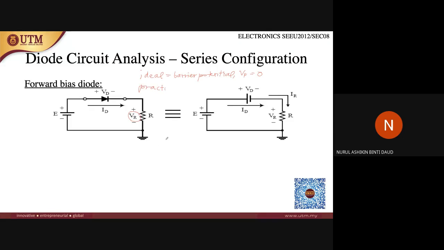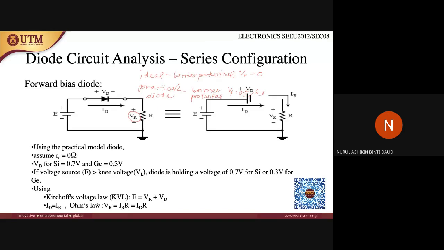For a practical diode, barrier potential is taken into account. It means that the value of VF is 0.7 or 0.3 depending on what this diode is made of. So in this case, we are taking a practical model, not an ideal model. Using a practical model, the resistance of this diode is 0.